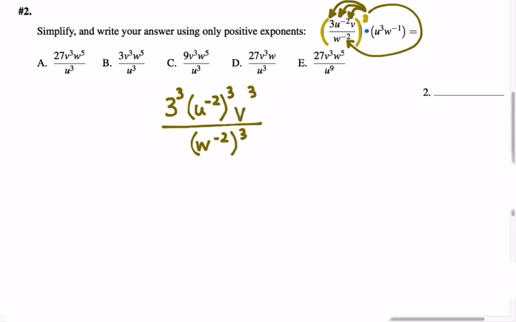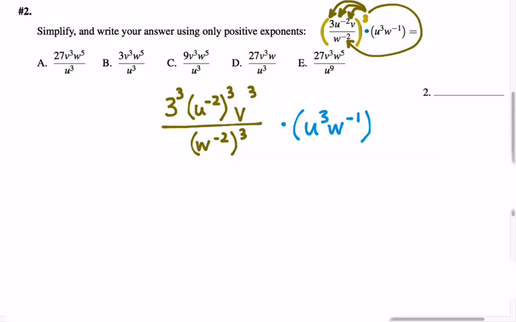So that third power has applied to every factor present inside the parentheses. And then we'll have some simplification to do, but I'm going to quickly also just add on the rest of the stuff that's out on the front here, just so that we make sure we don't forget it.